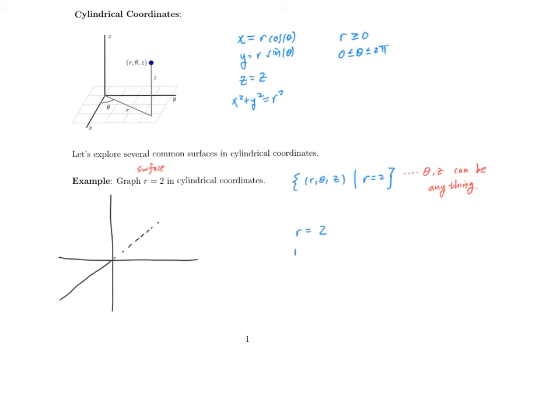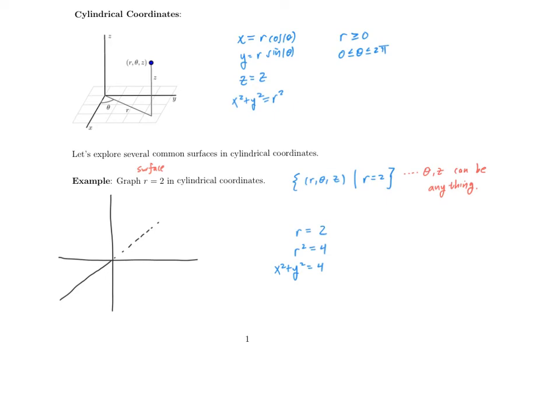That is to say, if we square both sides, r squared is equal to 4, we would have x squared plus y squared equals 4. And r equals 2 in cylindrical coordinates becomes x squared plus y squared equals 4 in Cartesian coordinates, which is the equation of a cylinder.